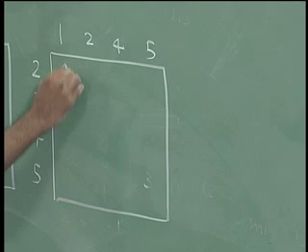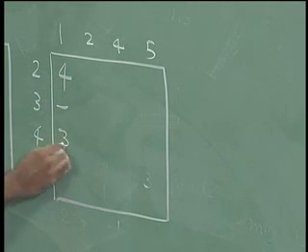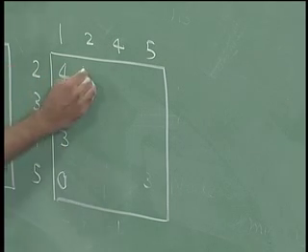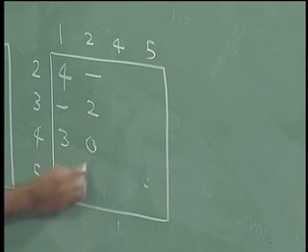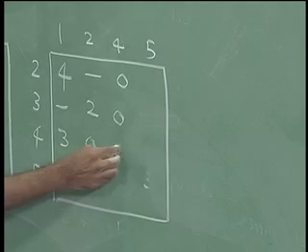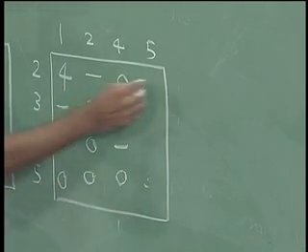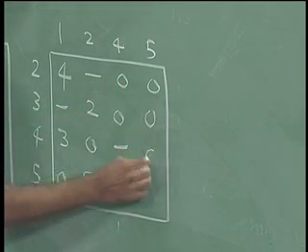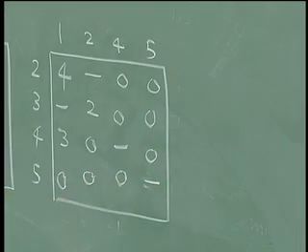So, this becomes 4 dash 3 0 dash 2 0 0 0 0 dash 0 0 0 0 dash.